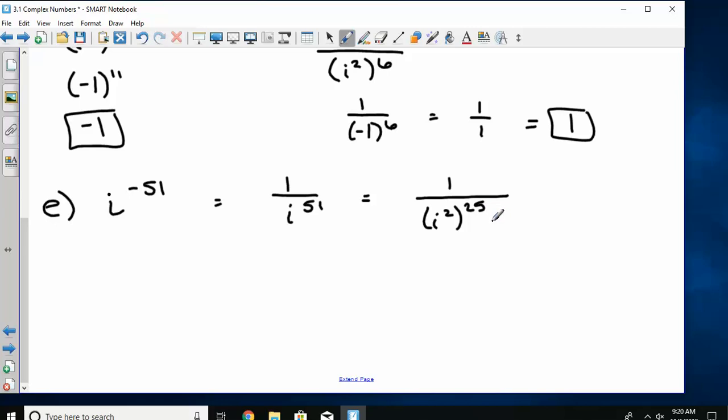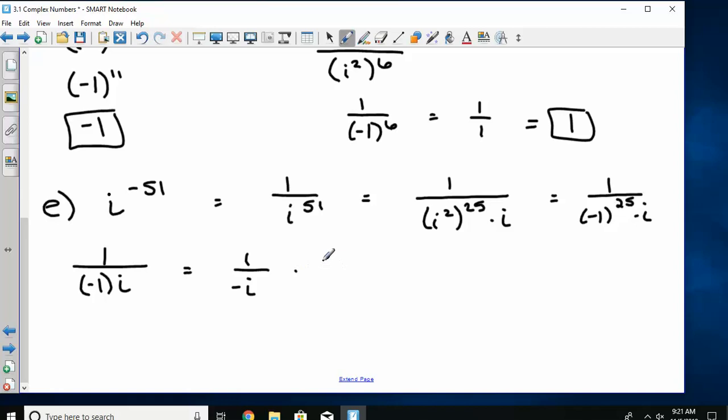Any left over? Because this is just 50, so we need one more i. So I have negative 1 to the 25th times i. What is negative 1 to the 25th? So I have 1 over negative i. Can I leave my answer like that?